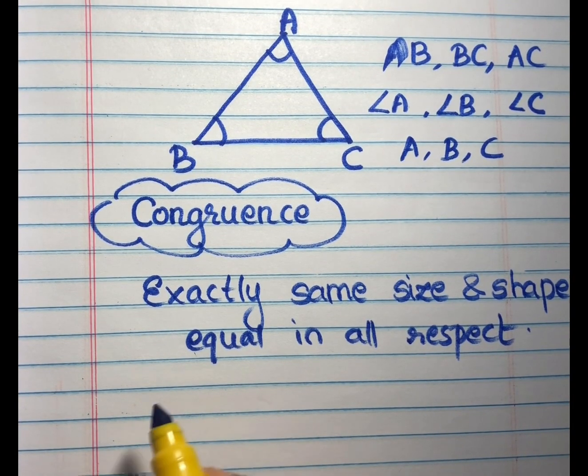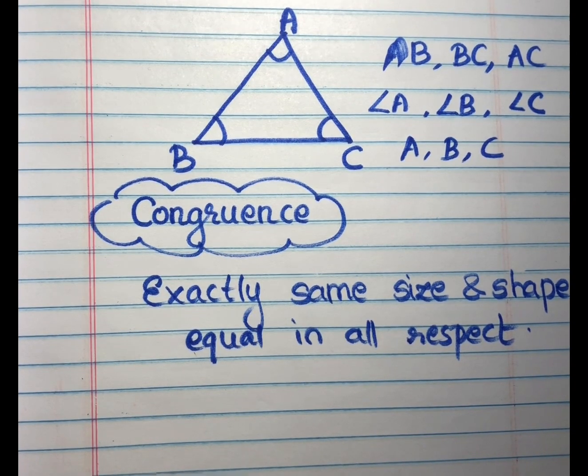For example, two bangles of the same size and shape. They are congruent figures. That is, when we place that bangle on the top of the other bangle, it overlaps the other bangle. Two circles of the same radius, they overlap each other and they are congruent figures.